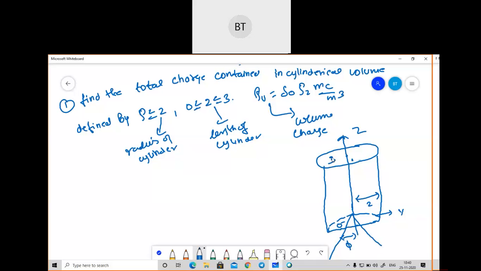Basically they are asking how we will calculate the value of Q, and since it is a cylinder, the radius is given to you, the length is given to you, and the volume charge, all those three things are already given to you. So is the problem clear to you? Are you having any kind of doubt in seeing the question?